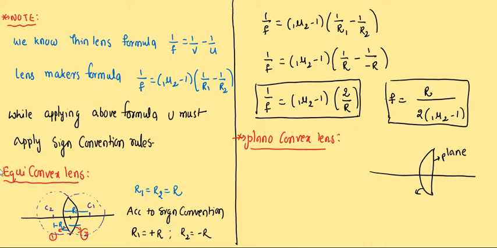You form a sphere based on this. For the first surface, I am forming a sphere. The sphere center is this one, C1. Its radius of curvature is R1. That is R1.